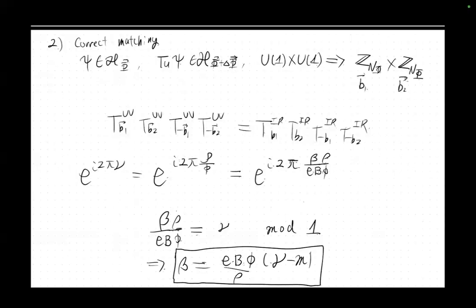Compare this against the actual result we have. The actual result we have is beta equal to EB phi over rho, nu minus C. So we see that the ambiguity that's left open by this anomaly matching procedure is precisely the one that's captured by the many-body Chern number.